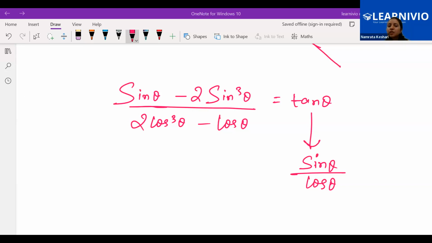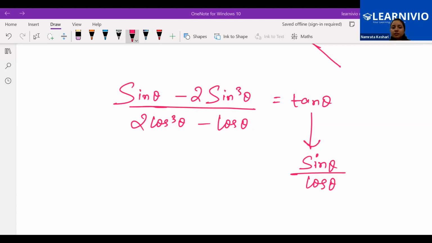What about the left hand side? Can we do anything? If we take out something common from the numerator and something from the denominator, whatever is possible, what can be done?